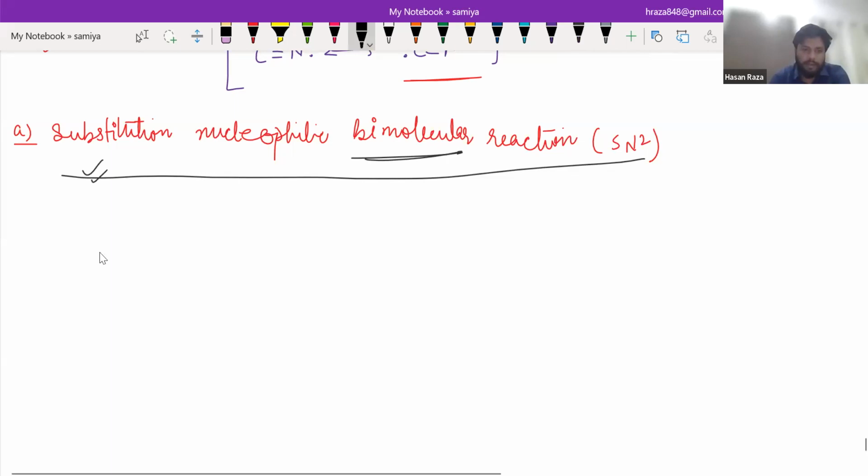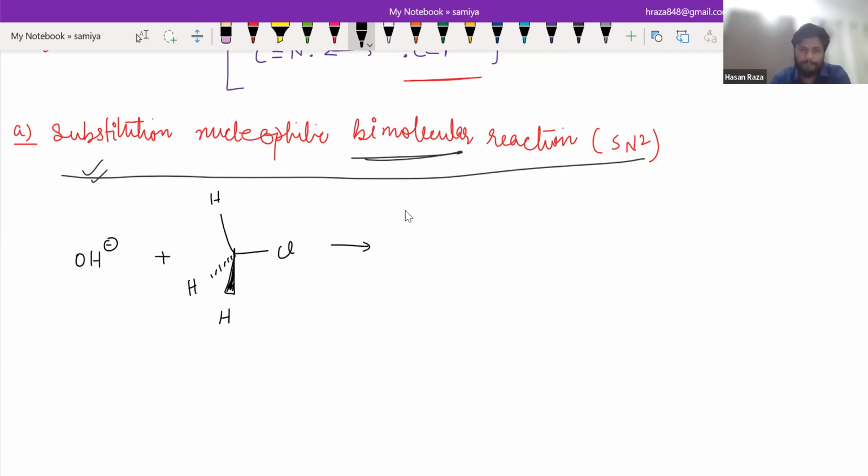Now see, this is OH minus and this is Cl, and the others are hydrogen, hydrogen, and hydrogen. Basically, the bond between carbon and Cl is about to break.